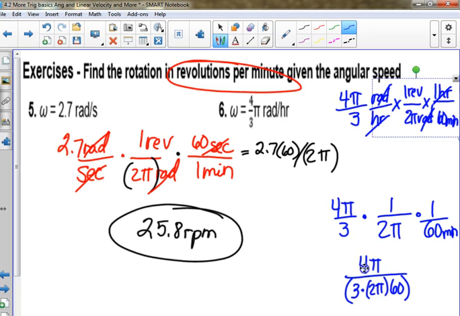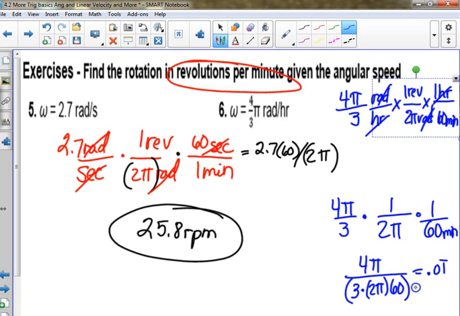All right. It's actually 1 over what? 90? You can do it all on your calculator, but you just need a big parenthesis around the denominator. 3 times 2 pi times 60. Anybody else getting 0.01 repeating?